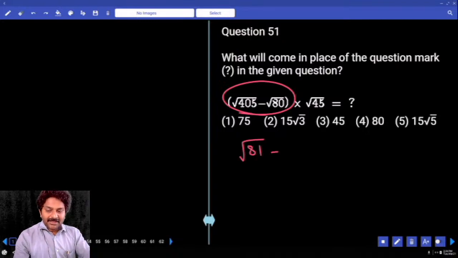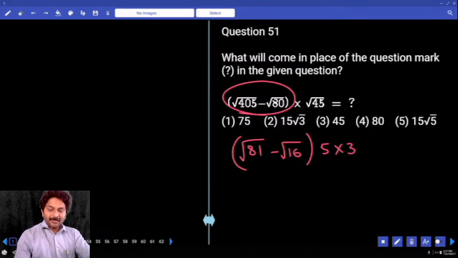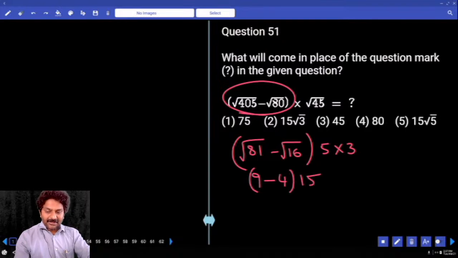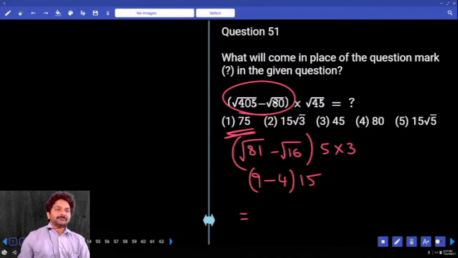Root 81 minus root 16. Root 5 is taken common. That becomes 5. Apart from 5 you have 3. How much is root 81? 9 minus 4 into 15. 5 15s, 75, first option. Followed?